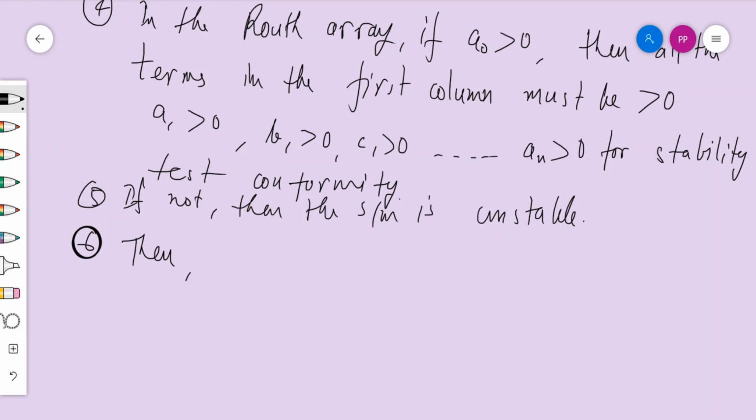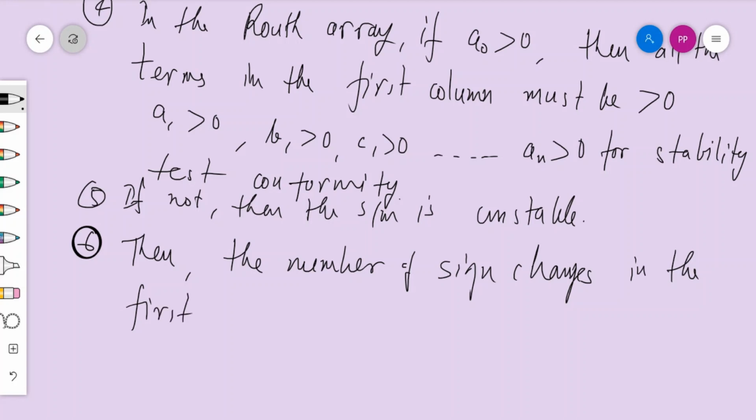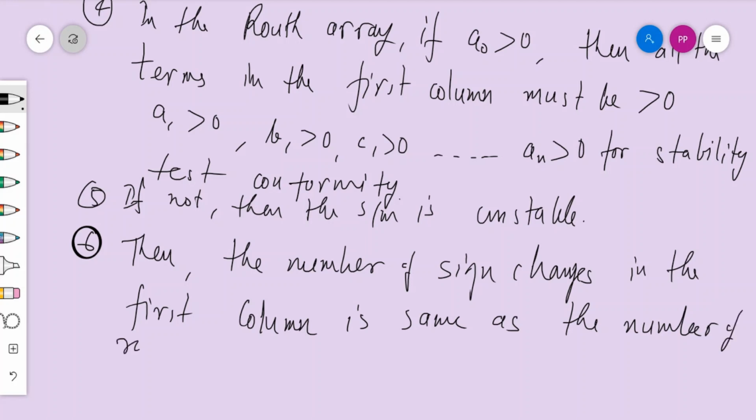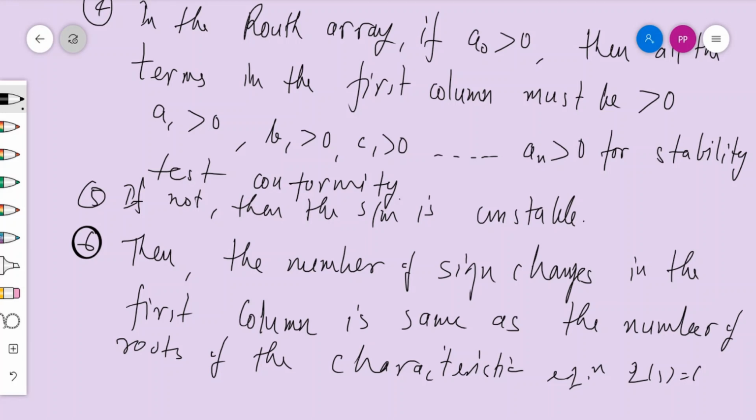Then the number of sign changes in the first column is same as the number of roots of the characteristic equation, that is q(s) equal to 0, on the right half of the S-plane.